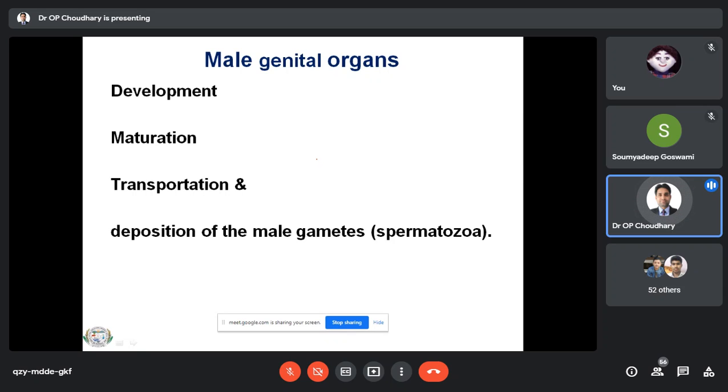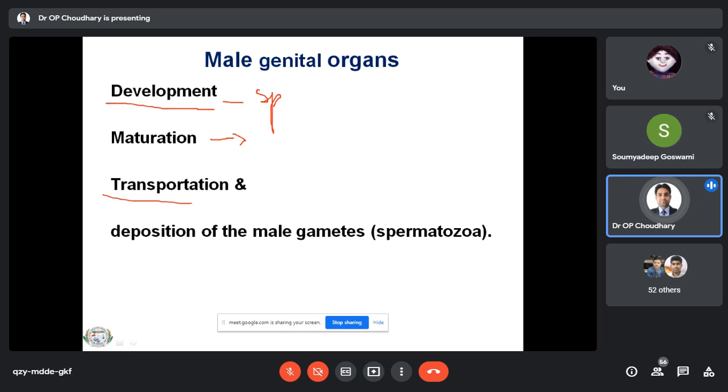So testis are the main organ for the formation of sperm by spermatogenesis. So the main function of the male genital organ is development, meaning the formation of the spermatozoa. Then there is also maturation of the spermatozoa. This maturation usually takes place in the epididymis. Then transportation.